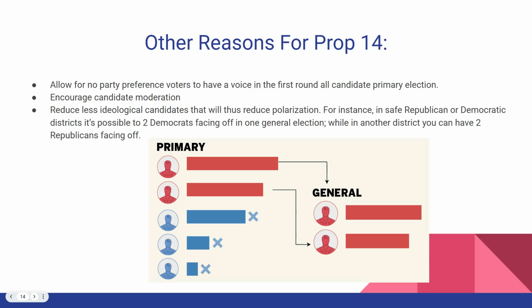The main selling point was, for one, to allow all no party preference voters to have a voice in primary elections, because they say that partisan primaries restrict voters, where only small numbers of people, 8 to 10% of voters, vote in primary elections, where Republicans vote in their own primaries, Democrats vote in their own primaries, Libertarians vote in their own primaries, Greens vote only in their primaries.